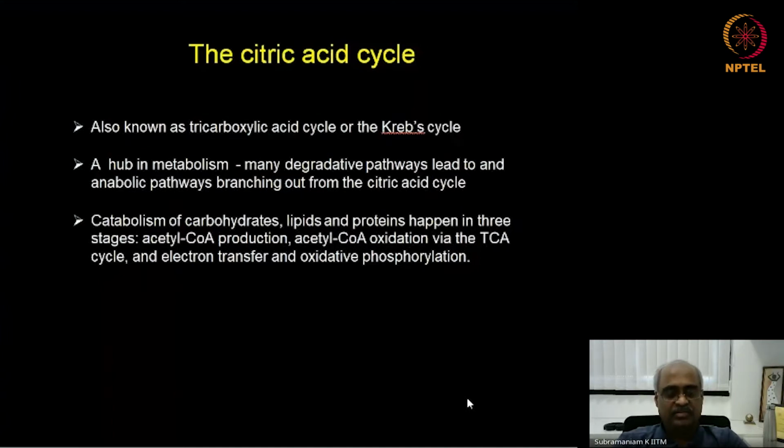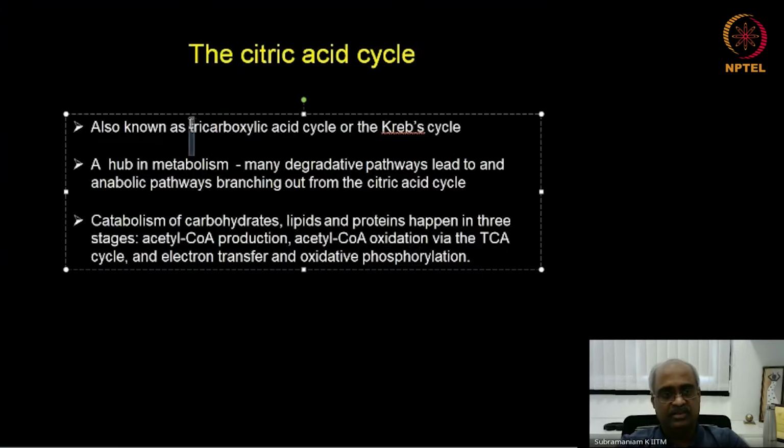Why oxidizing the remaining two, the acetyl group, should be an elaborate thing, we will discuss at the end. First let us go through this cycle. It is known as the citric acid cycle because citric acid is produced as an important molecule in this cycle. And second, citric acid and some of the other intermediates have 3 carboxyl groups, and therefore this is called the tricarboxylic acid cycle or TCA cycle.